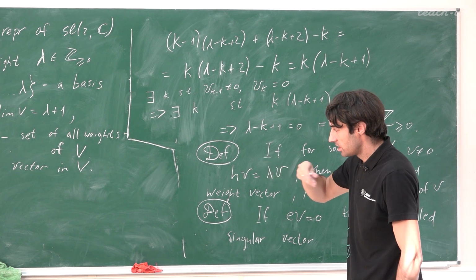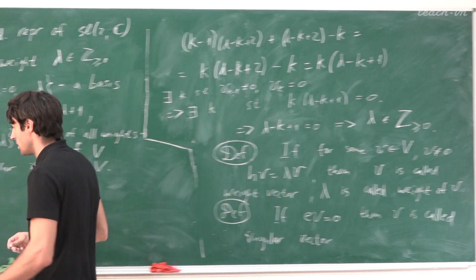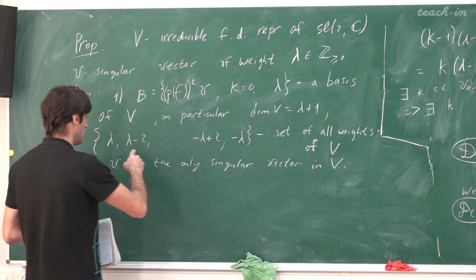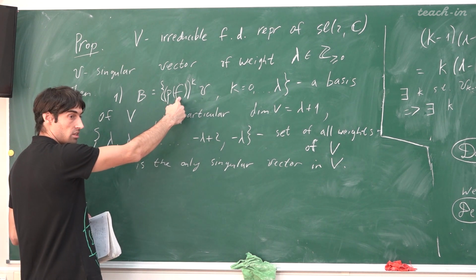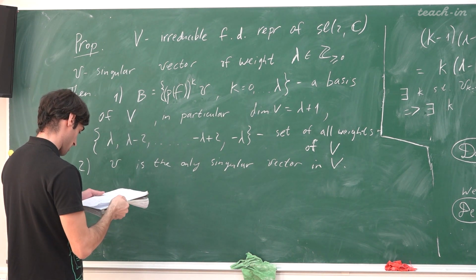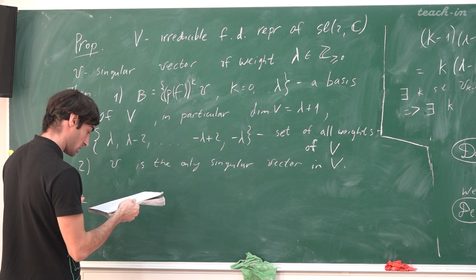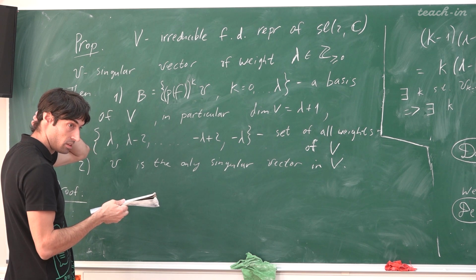Before that they are all non-zero and all of different weights. So these are exactly the list of weights of all these things, which means they are linearly independent.